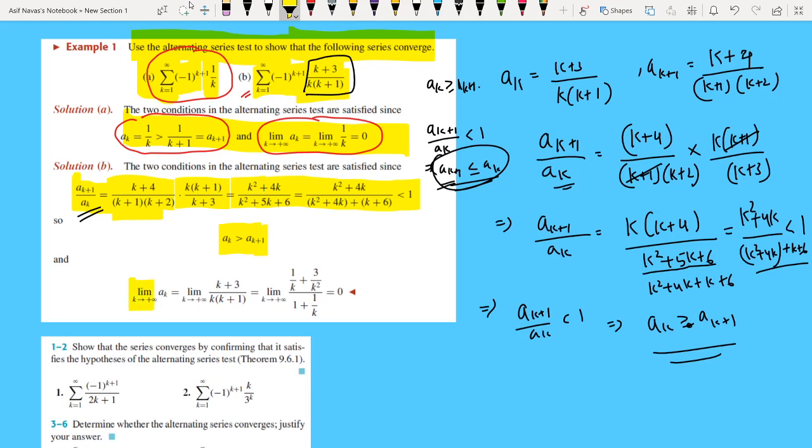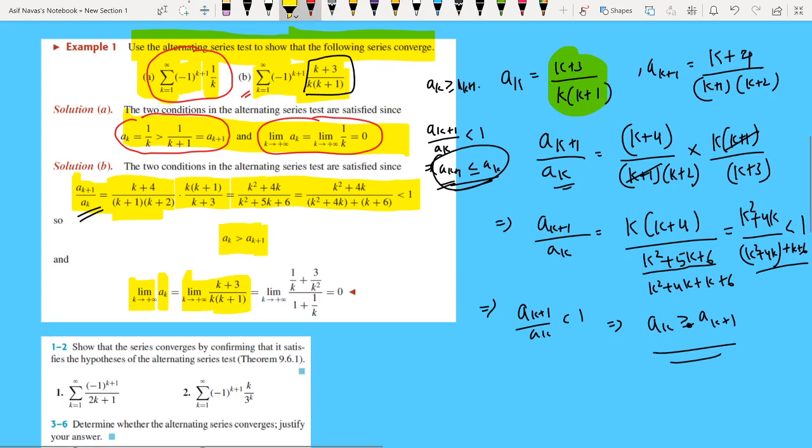Now we want to show that limit k tends to infinity ak is equal to 0. So limit k tends to infinity ak is limit of k plus 3 divided by k into k plus 1.